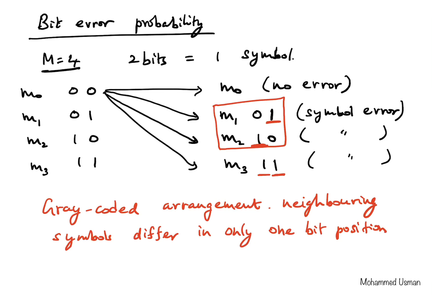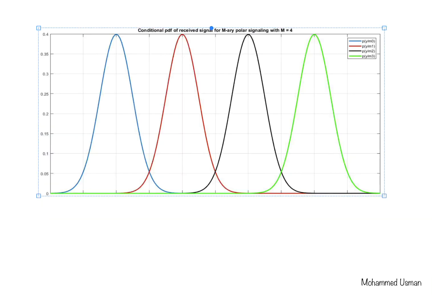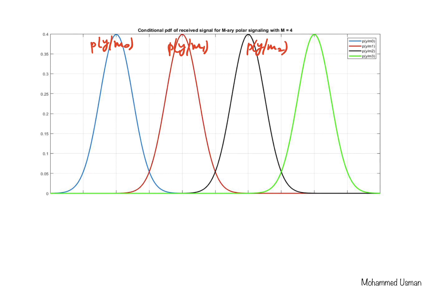So in gray coded arrangement, we are going to place neighboring symbols in such a way that they are differing in only 1 bit position. So let's take the example of M equal to 4, where we had the 4 symbols M0, M1, M2 and M3. So that's P of y given M0, P of y given M1, P of y given M2, and P of y given M3.